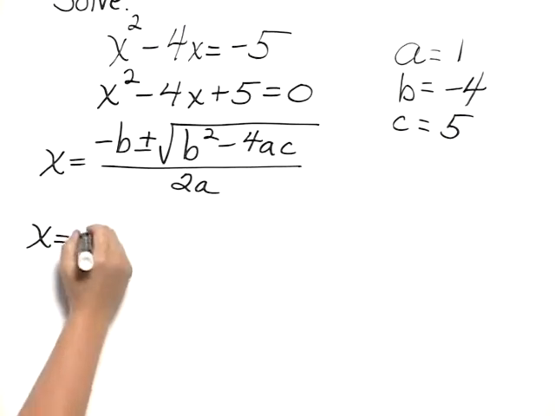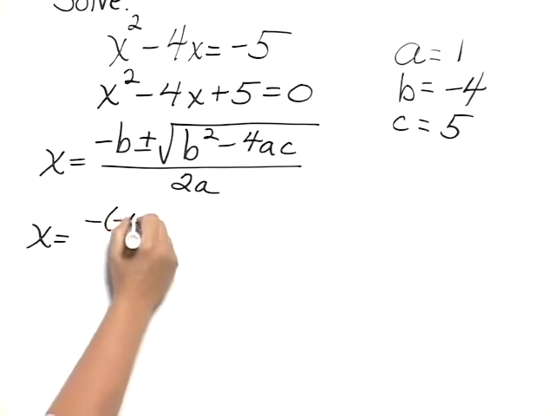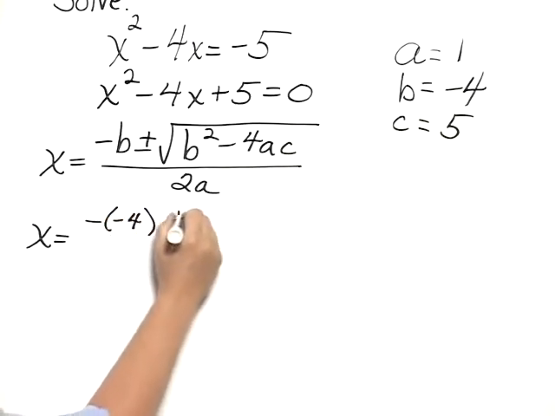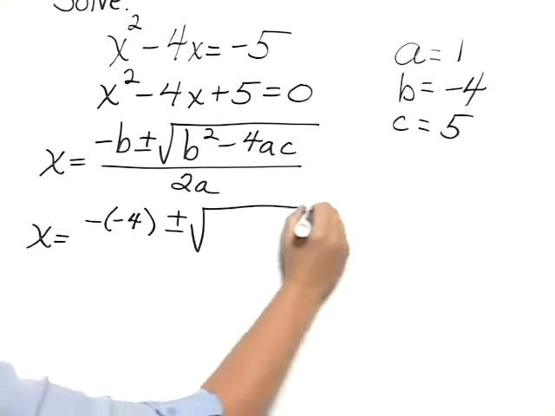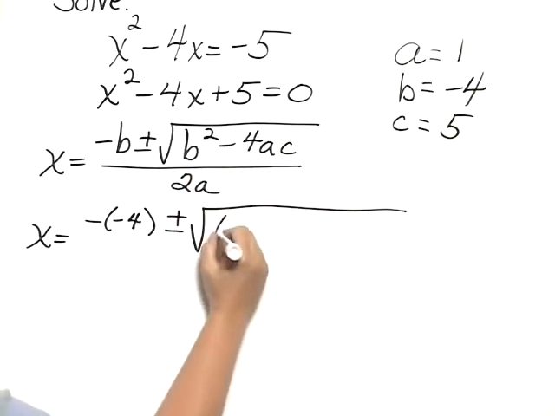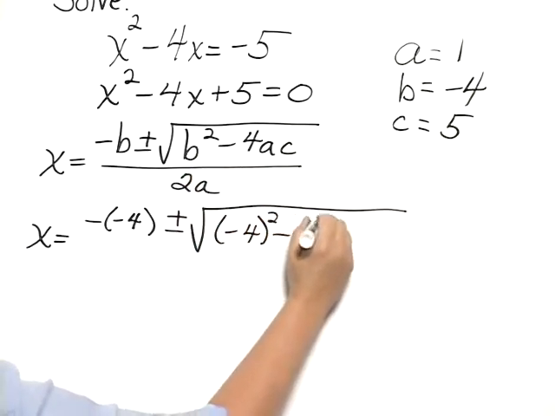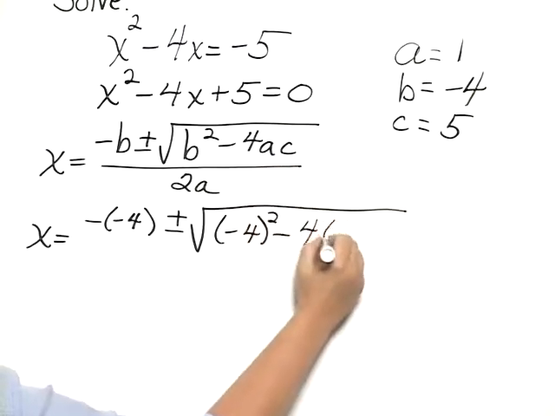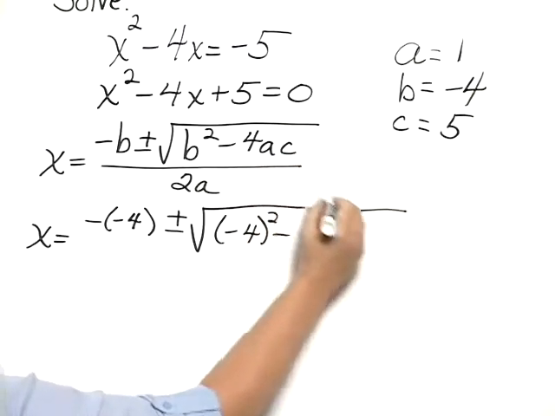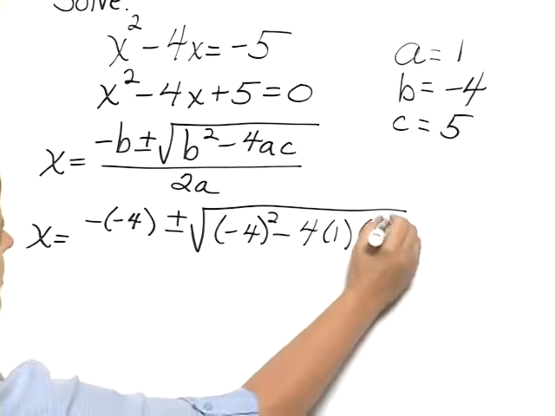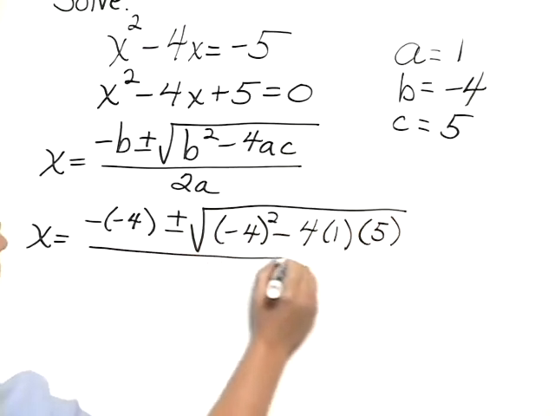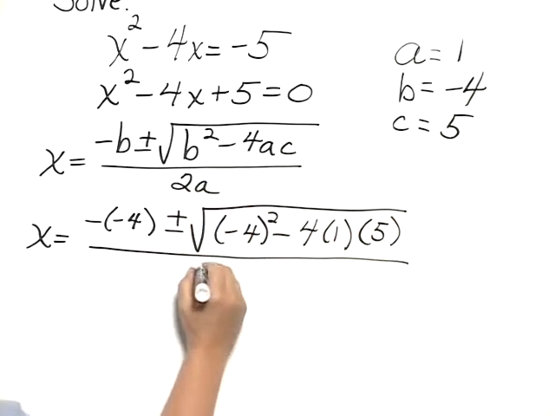The opposite of b is the opposite of negative 4, plus or minus the square root of b squared, which would be negative 4 squared, minus 4 times a, which is 1, times c, which is 5, all over 2 times a, which is 2 times 1.